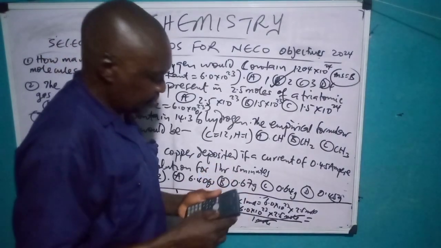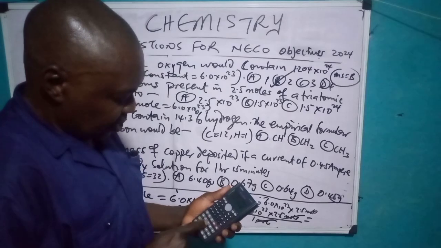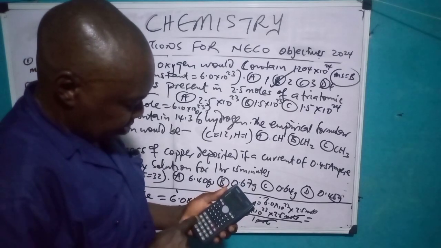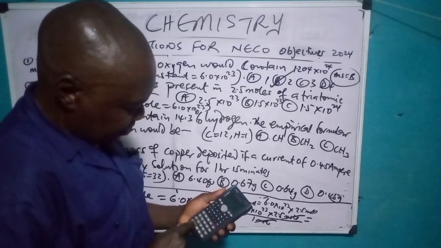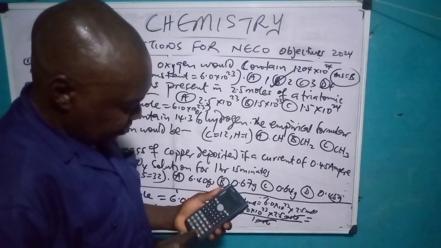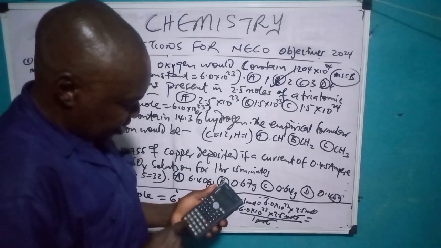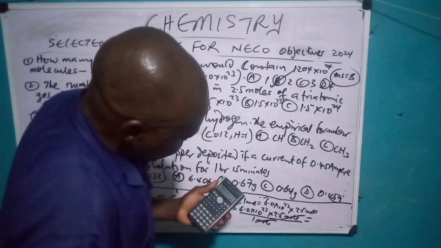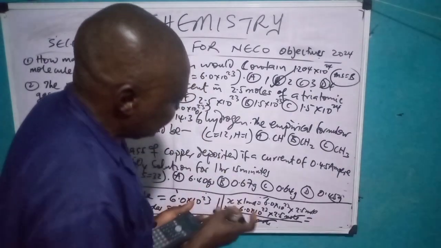Let's see what it gives us. 6.0 times 10 to the power of 23 times 2.5 gives you 1.5 times 10 to the power of 24.